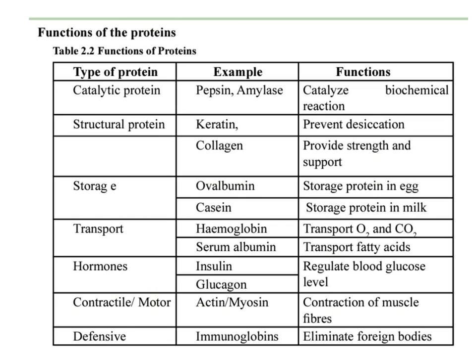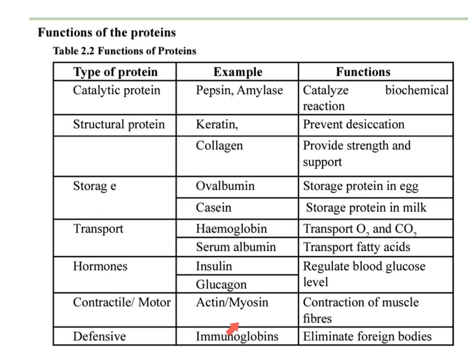Then the next type is contractile or motor proteins. The examples are actin and myosin. You know, if the word myo comes, it's surely talking about muscles. These are the proteins in your muscles. So their function is the contraction of muscles. Then the last type is defensive proteins.